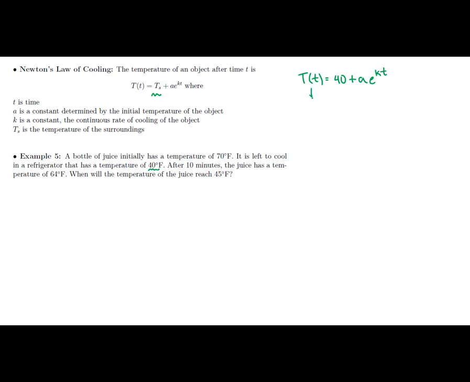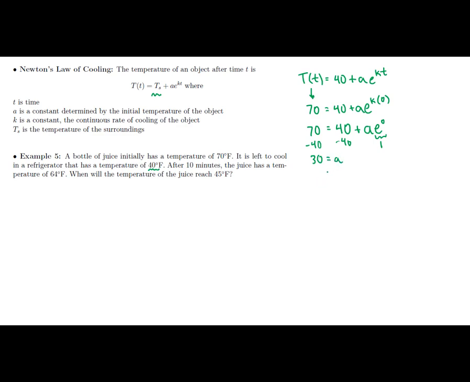So that means I can put 70 in for the temperature at the same time I put 0 in for t. So this will be 70 is equal to 40 plus, well, this will be A times e to the 0, which of course is just 1. So what we get here is if we subtract 40 from both sides, 30 is equal to A.